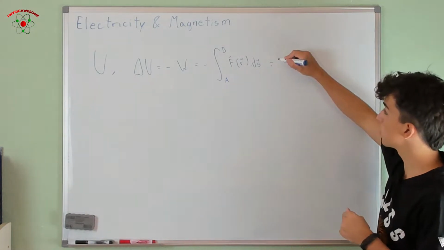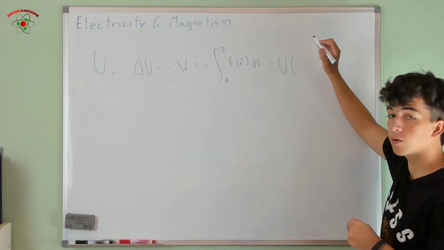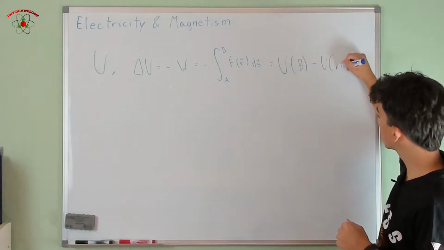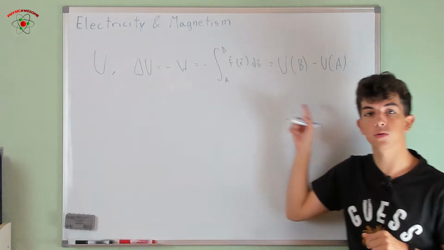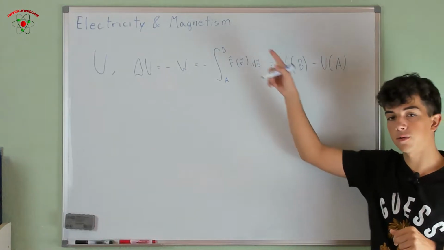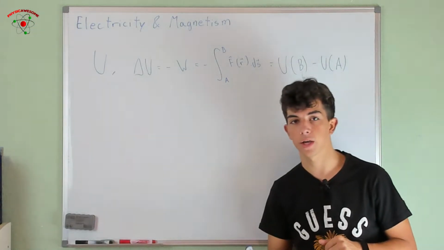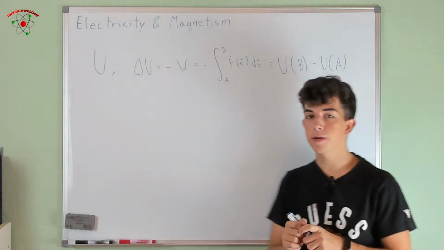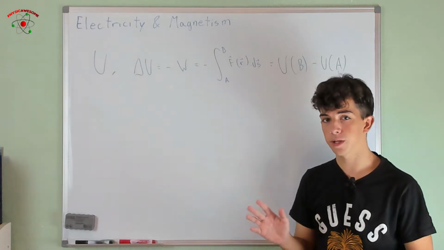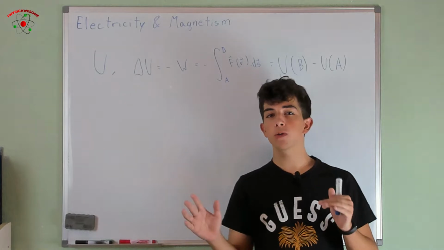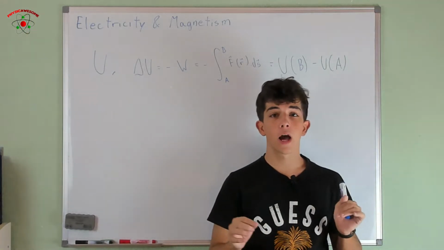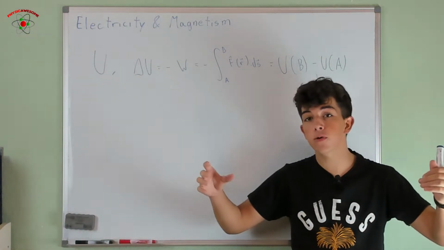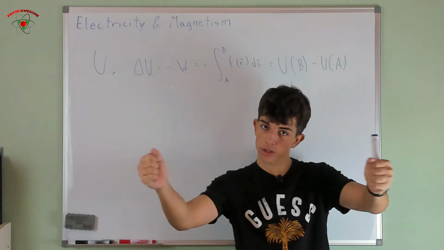We also developed some formulas for it, and we ended up with a formula in terms of the position B and the position A to find the difference. However, if you recall from our earliest videos in this series, we introduced the notion of electric field, and we did that because to have a force, we need two charges.